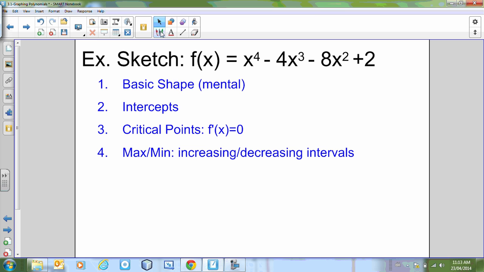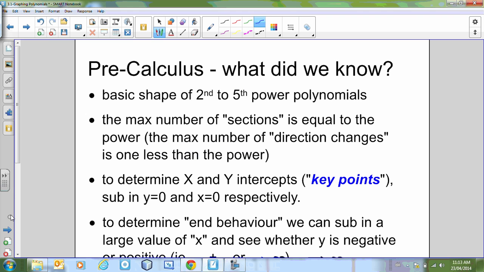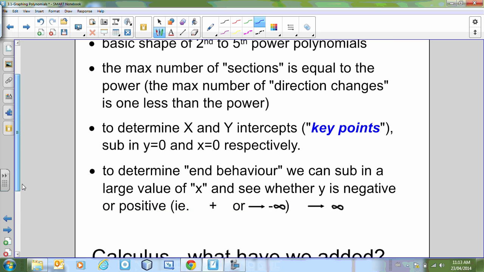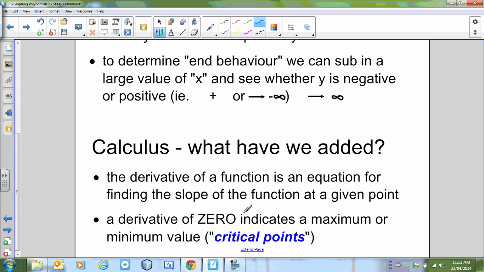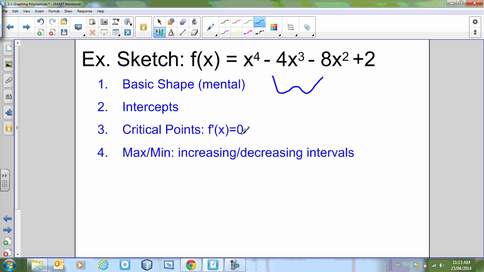So I know that my basic shape will look something like a W. My intercepts I can find by subbing in y equals 0 and x equals 0. Critical points. Now, from the previous page, critical points are how we refer to things that will be maximums and minimums, so kind of combining the two. So I'll have to make the derivative equal to 0 to find those.